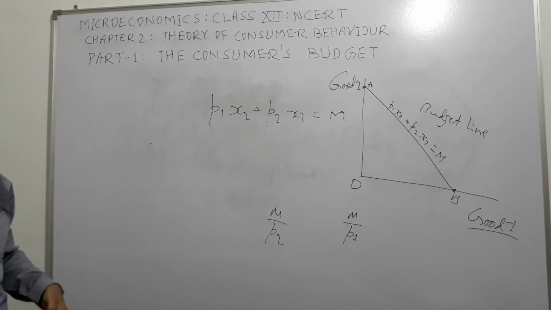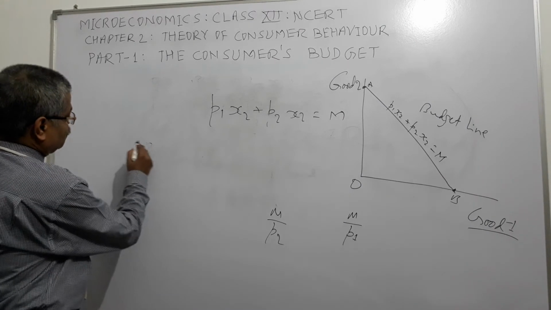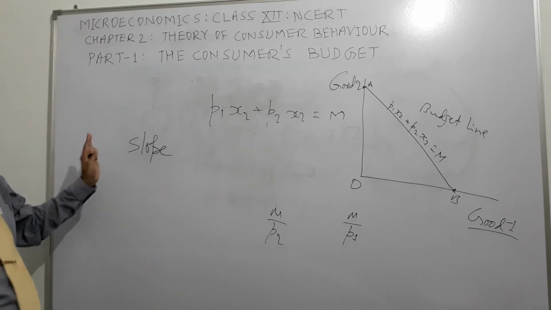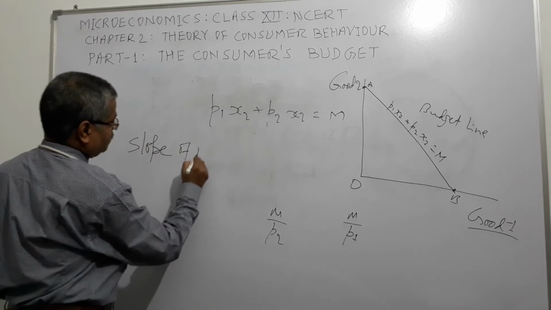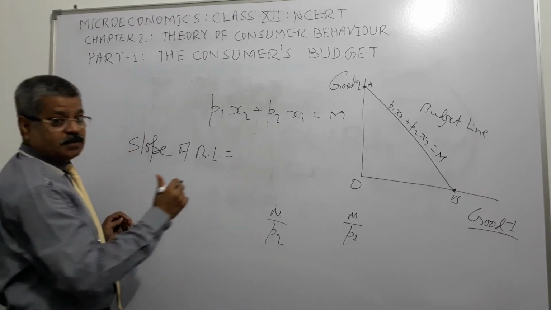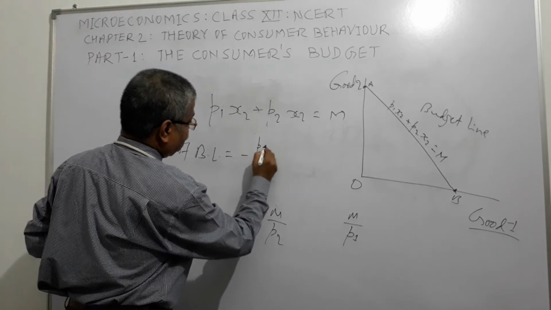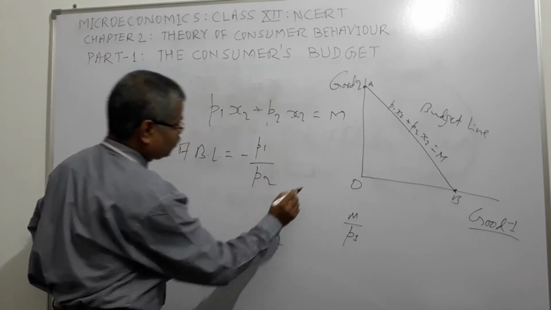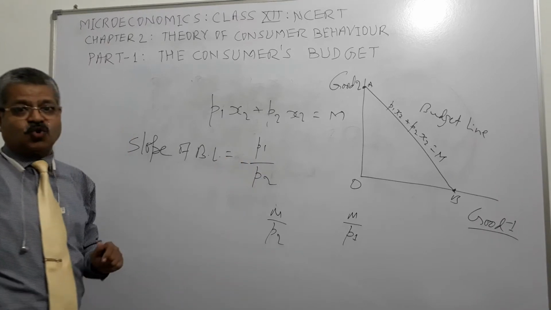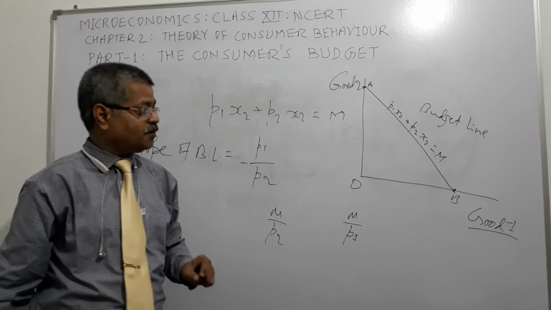It's very clear. And the slope of the budget line, what is that? What is the slope of the budget line? Minus P1 upon P2. The formula for the slope of the budget line is minus P1 upon P2.